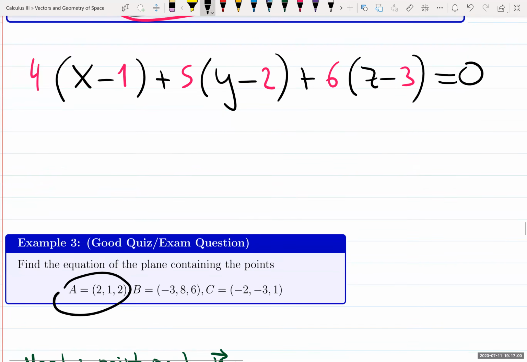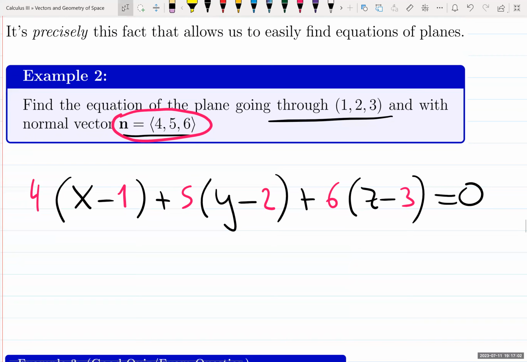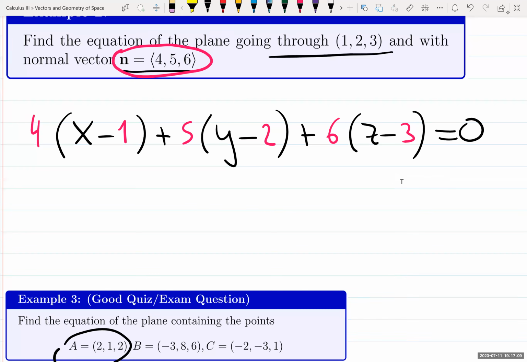So, how about this one? There were so many homework questions on the plane chapter.